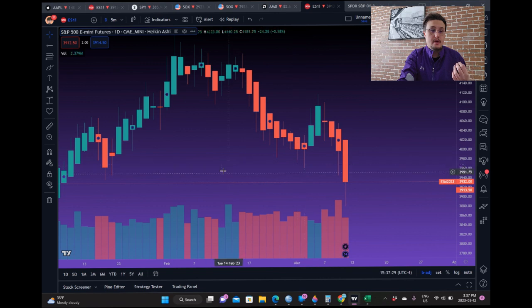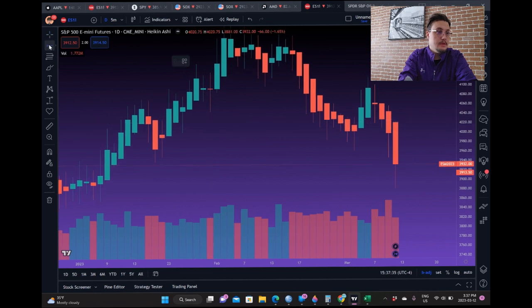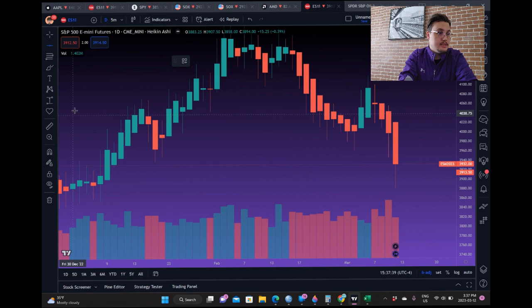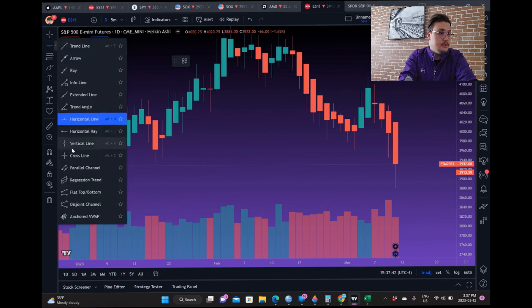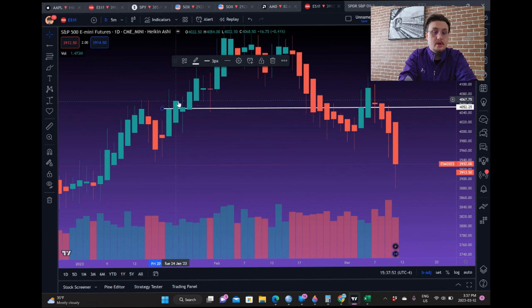If you are in an uptrend here, you can do the exact same thing. So if we put a line here, anything below this is going to be a long, because either to the line or above the line, right?